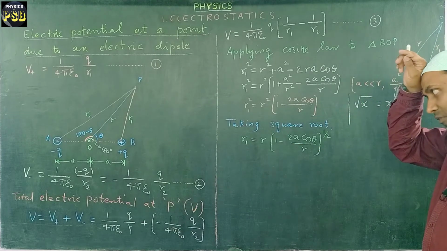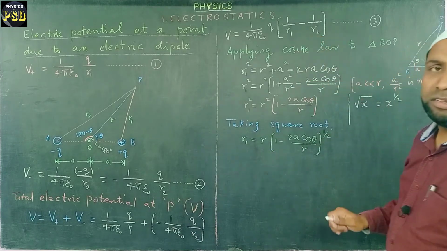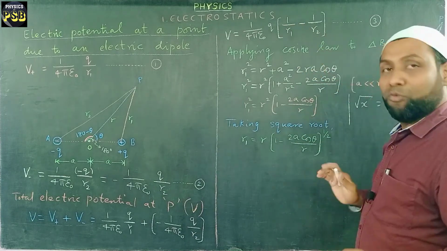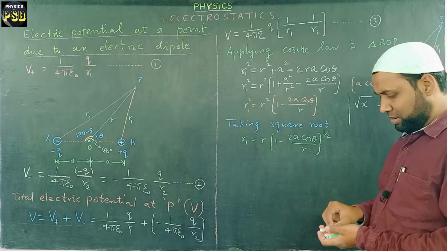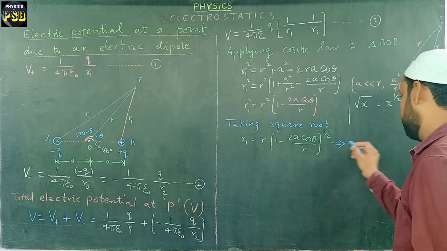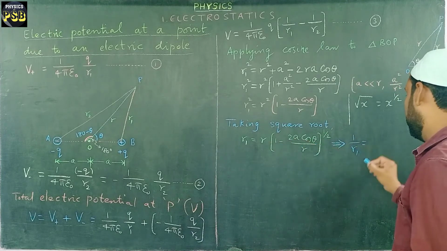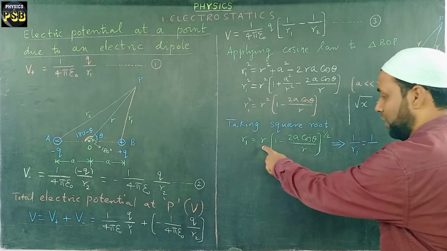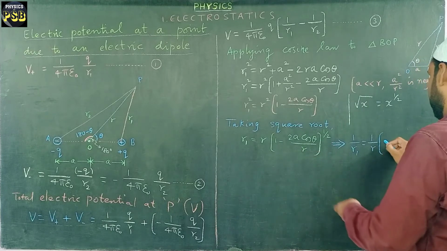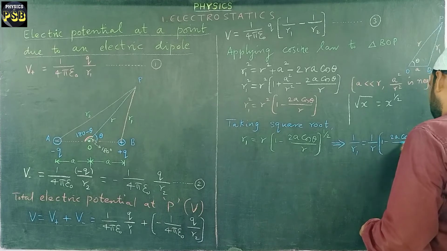After that, I take the reciprocal of this. To make my work easier, I take 1 upon R1. So the reciprocal of R1 is this: 1 upon R1 equals, we take the reciprocal of each term, 1 upon r, then this term becomes 1 minus 2a cos theta upon r.